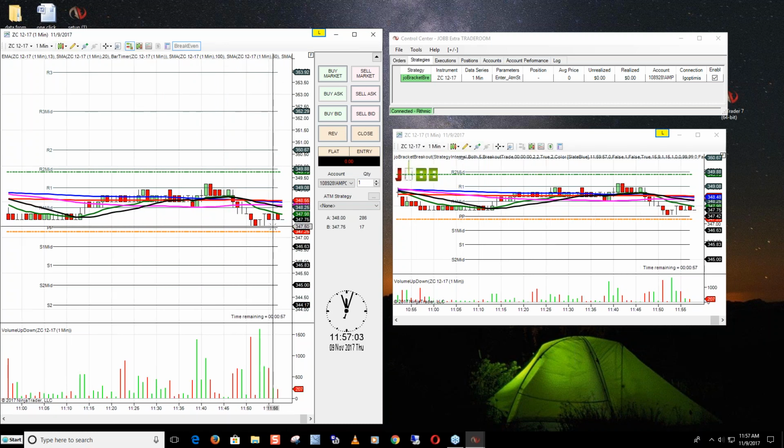So I think 347.50. I don't see how it could not be 347.50. And 350. I don't see 347. I don't see how you see that as a consolidation. I just don't agree with that one.